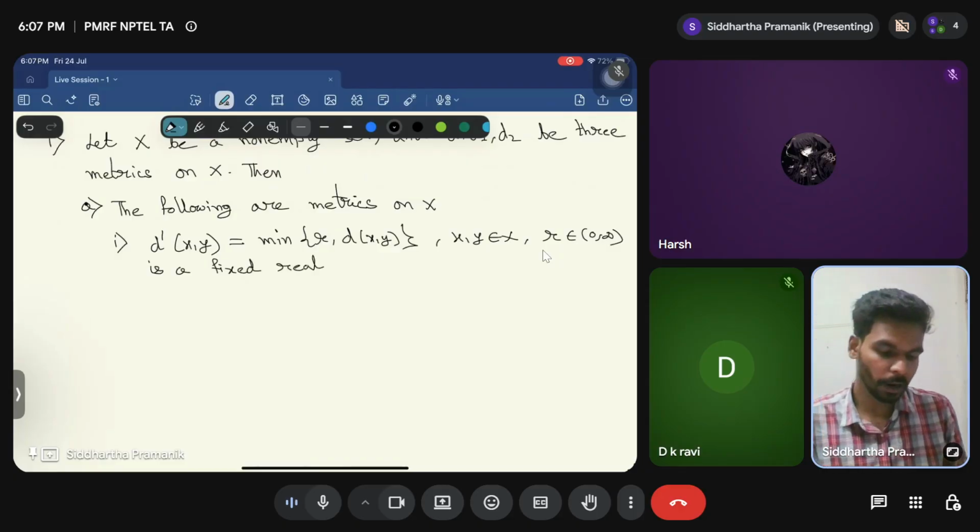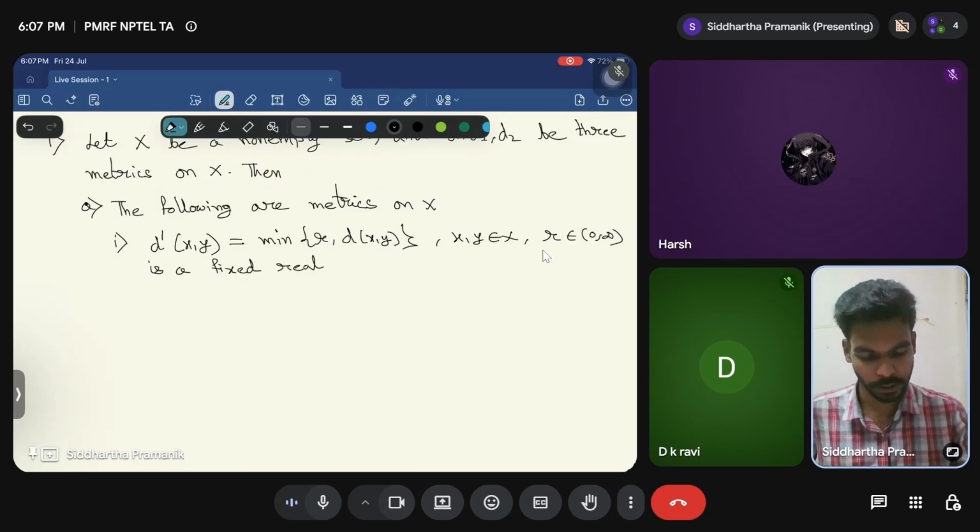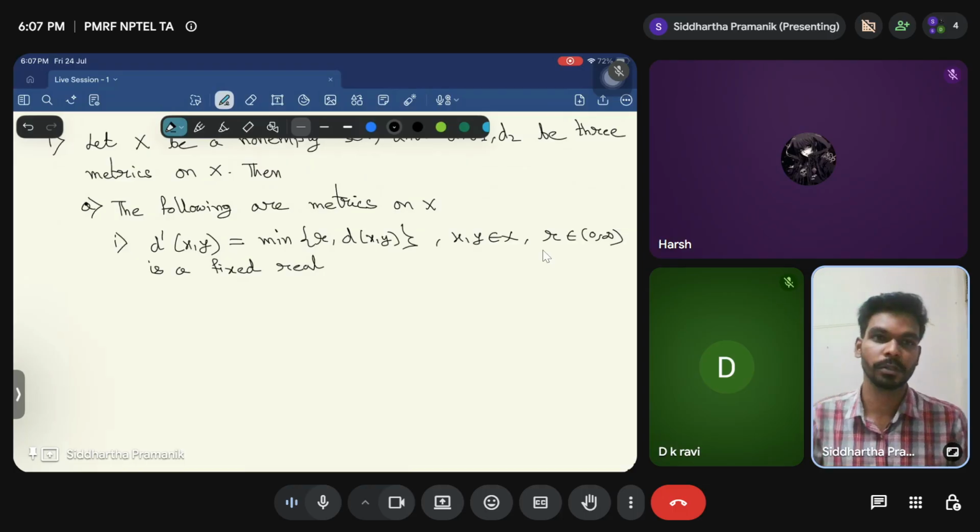Instead of r, you might be seeing it's 1 in most of the cases, but it will work for any positive real number.